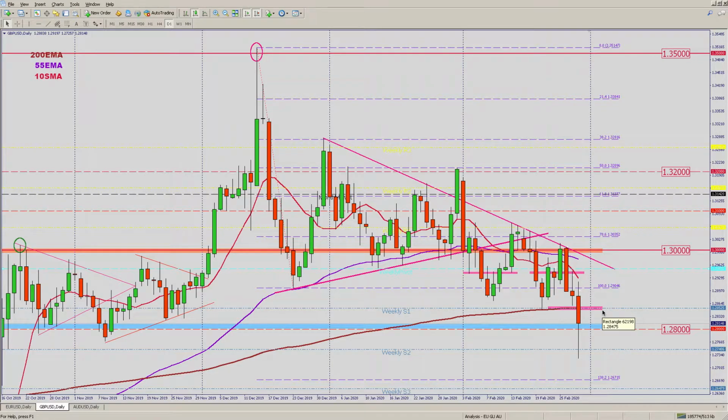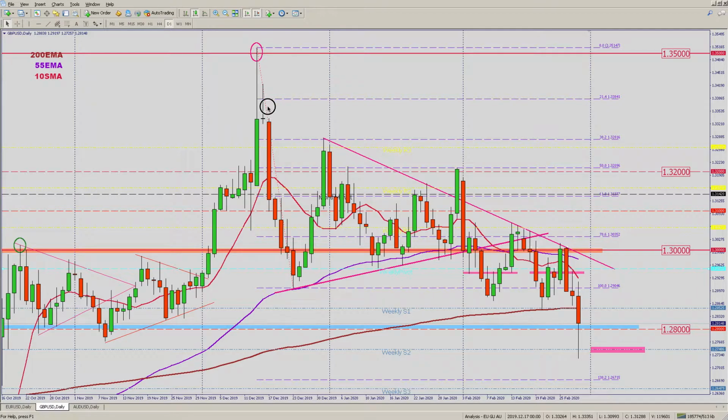It fell through the daily 200 EMA, where the intermediate support was. Let's move this to this zone here, where the S2 weekly pivot was. 128 is now the key support. It has closed above that for the last week, but it's still in danger of being breached.